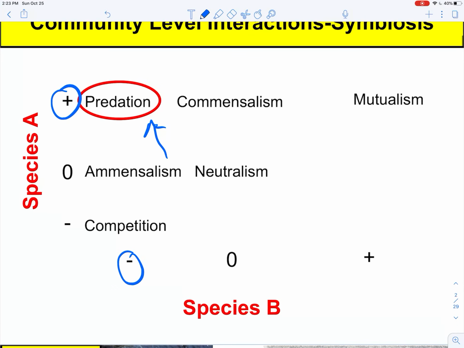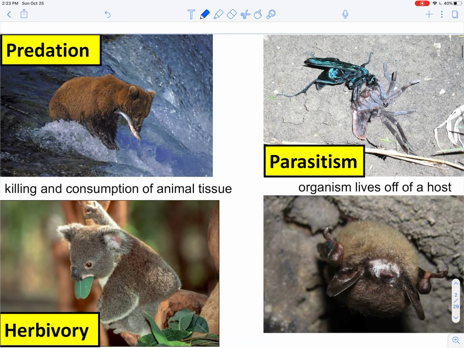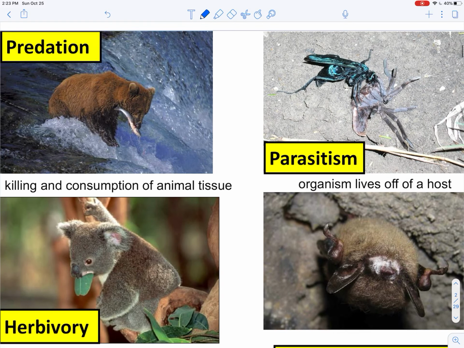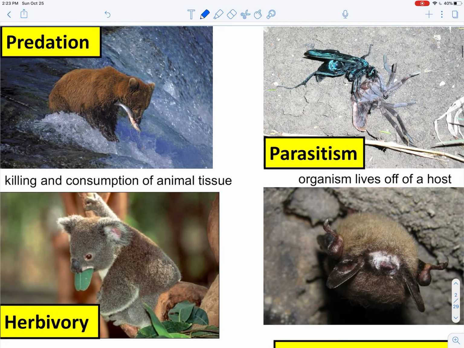So one thing to keep in mind is that one organism in this interaction is going to have reduced fitness, while the other organism is enhanced as it participates in this interaction. So let's define these different categories here.